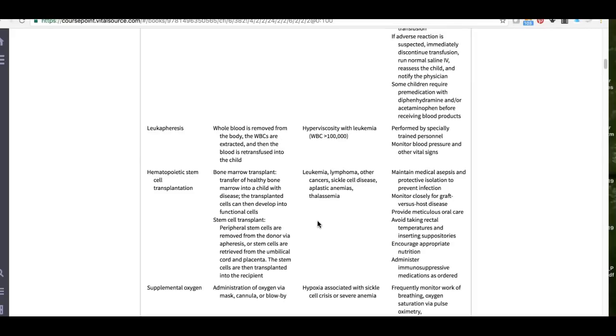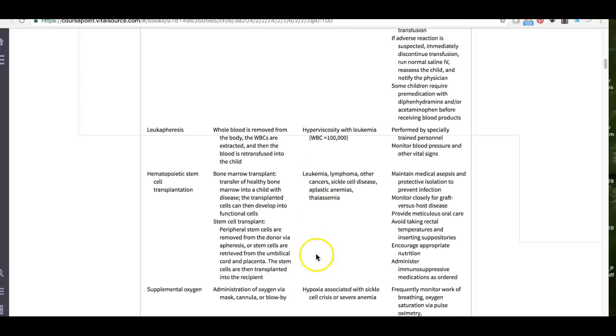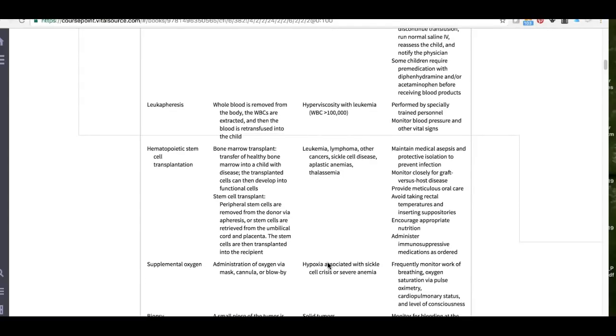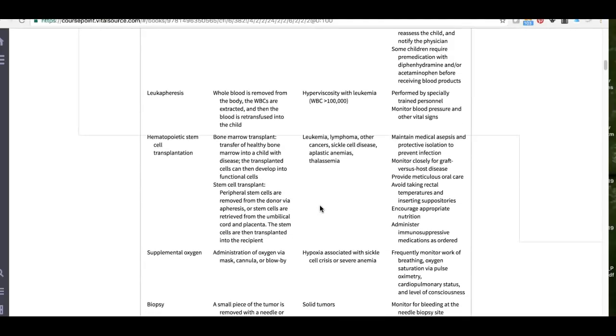They treat them with high doses of chemo and maybe radiation, basically wipe out all of their immune system, bone marrow, everything, and then they put the good back in, and then the long-term support is the 3rd stage. So they make them really sick, and then they put some stuff in to get them better, and then they take care of them. And it can be done for a lot of different disease processes: leukemia, lymphoma, aplastic anemia.